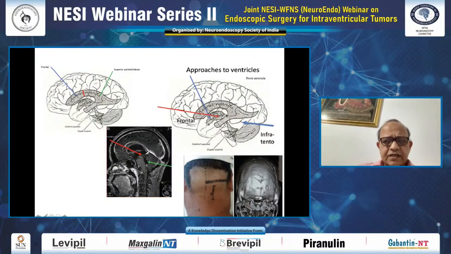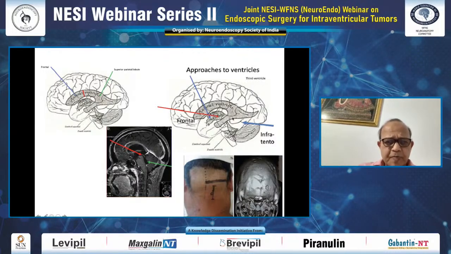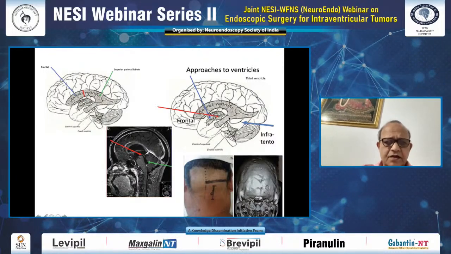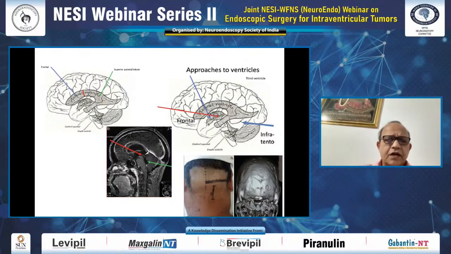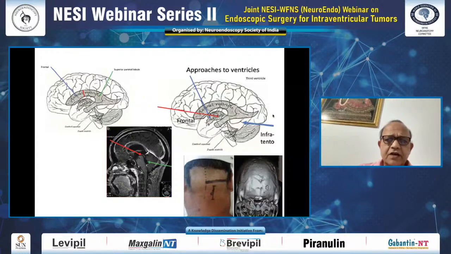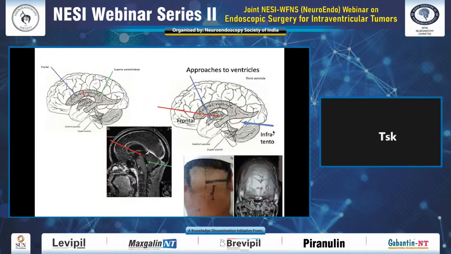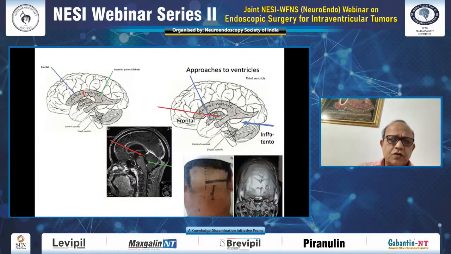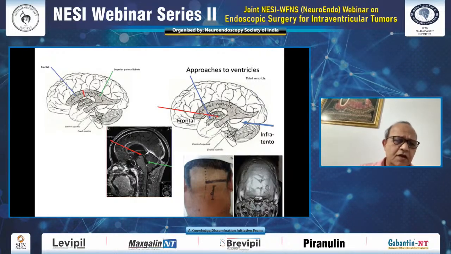If there is an extension of the lesion in the pineal region and also encroaching the posterior part of the third ventricle, then we can go endoscopic infratentorial supracerebellar approach.